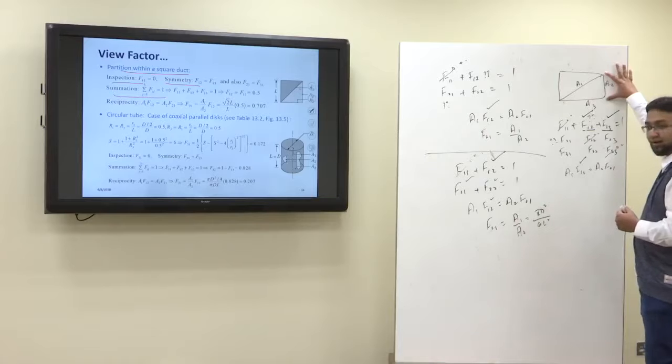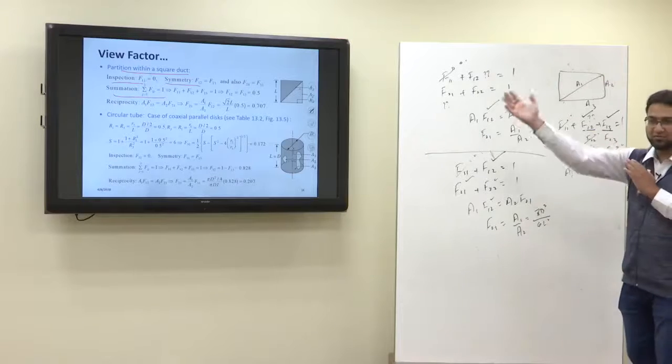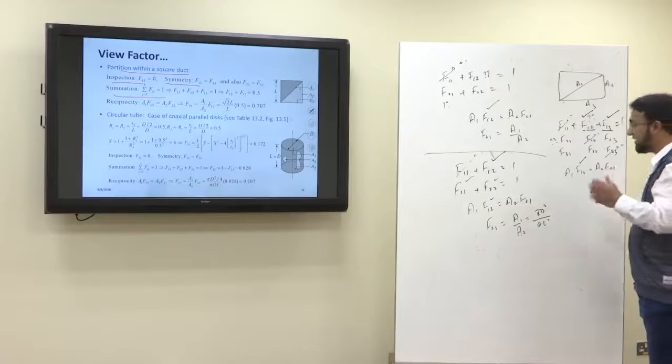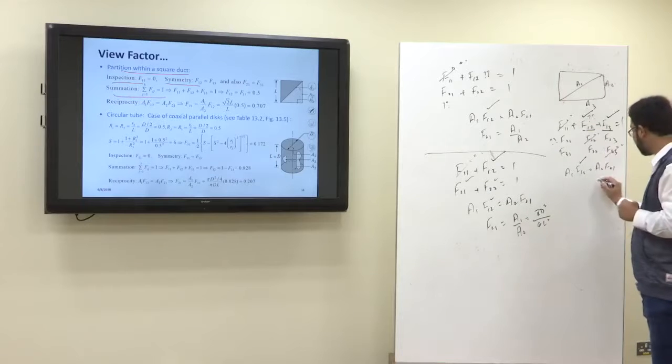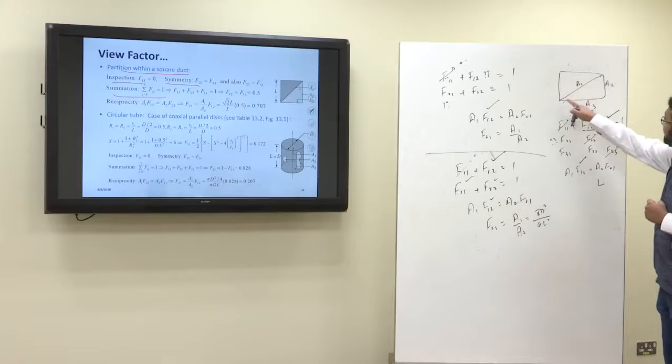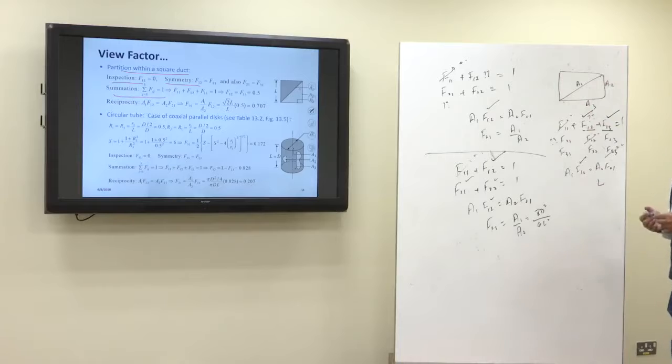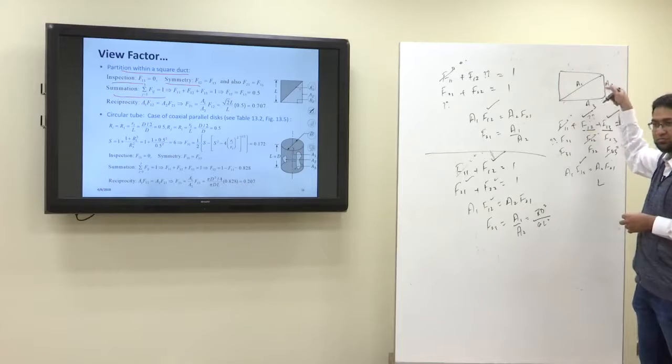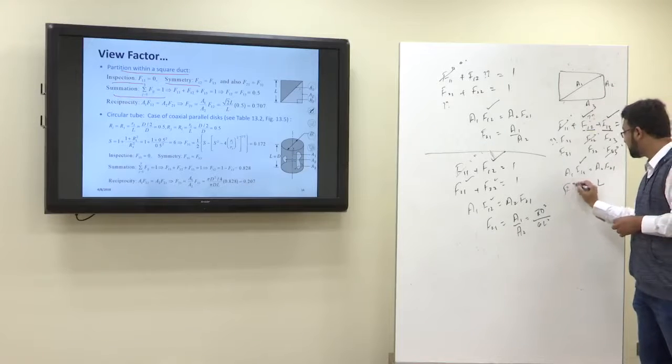A2 will be L, basically L multiplied by whatever the length, but the length is the same for all, so consider just L. And what will be the area A1 here? Use the Pythagoras theorem, so it will be root 2 times L.